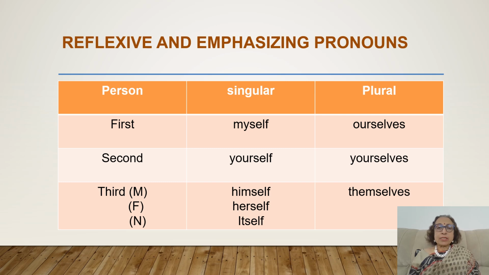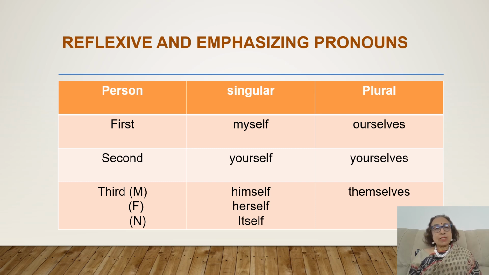For the second person, we say singular, yourself, and plural, look at the spelling. For the first time, the second person is changing. Yesterday, we saw that you is there 4 times. Then your became yours in the possessive, and now in the reflexive emphasizing form, yourself becomes yourselves, plural.